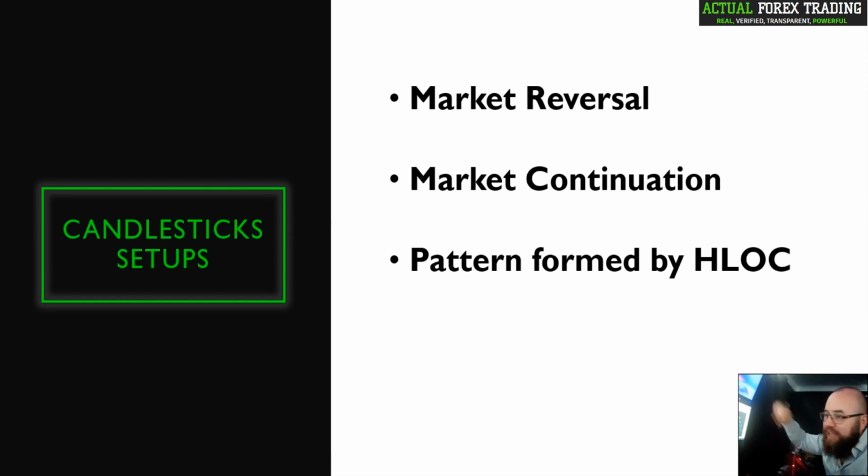Or if price is coming down and we get a setup, that could signal that pound US dollar is going to continue to depreciate. So market continuation, price continues in the same direction, or market reversal, it's going to change direction.